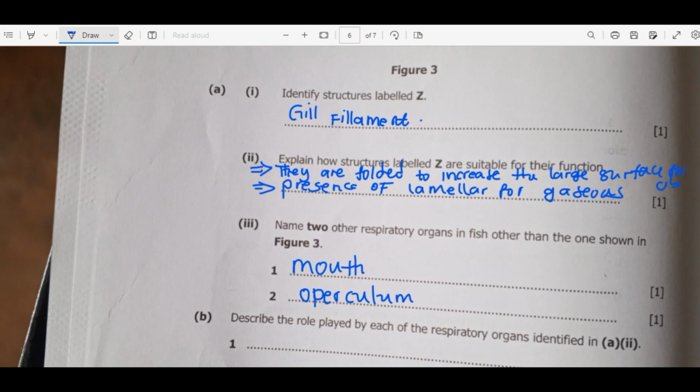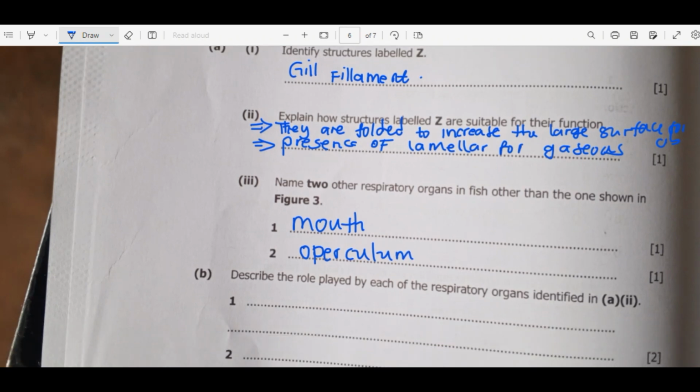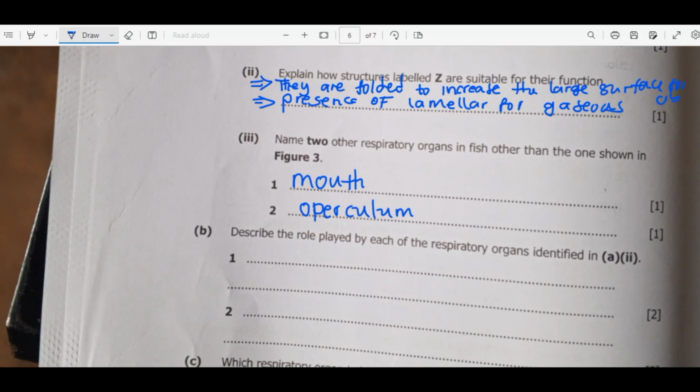Then for the second part, we are told to describe the role played by each of the respiratory organs identified in A1 and A2. For questions like this, before you answer, make sure that whatever you are answering, you have the point to defend your answer. So what is the importance of the mouth? We know that for diffusion of gases to occur, water must enter.